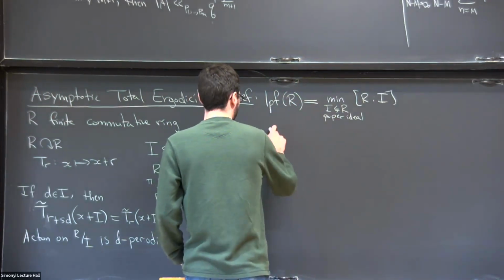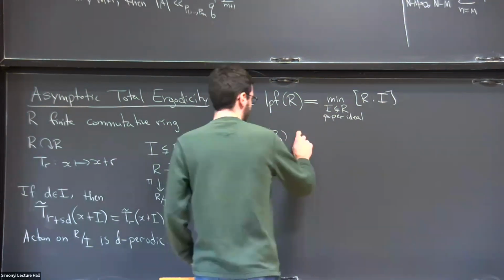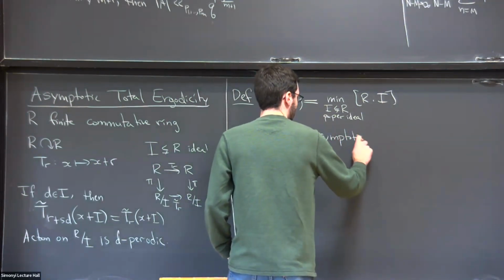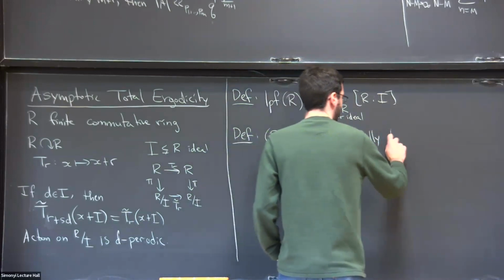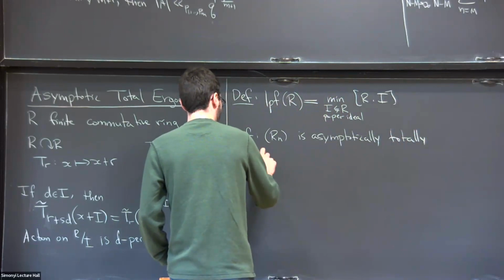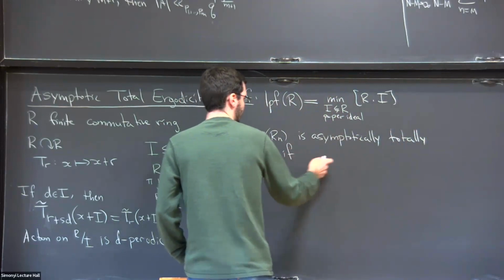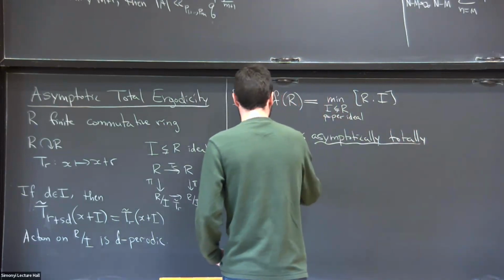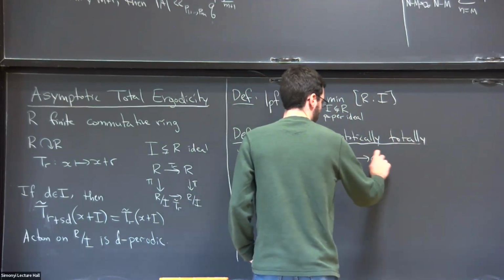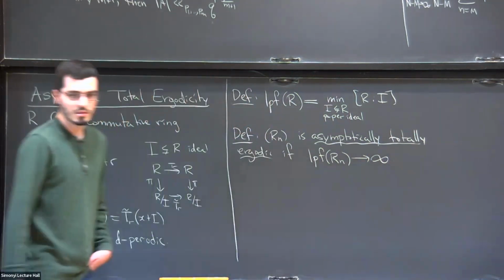And I'll say that a sequence of rings is asymptotically totally ergodic if this quantity is growing to infinity.